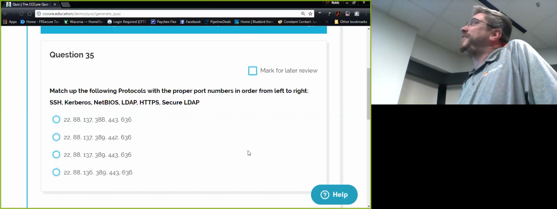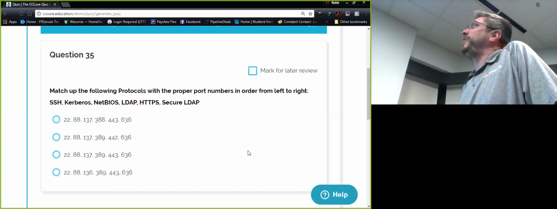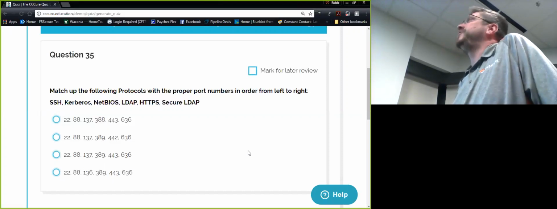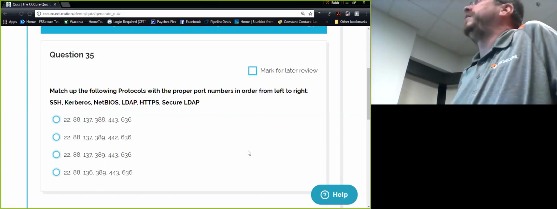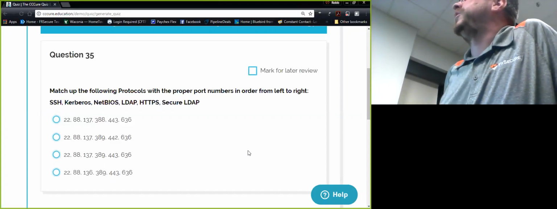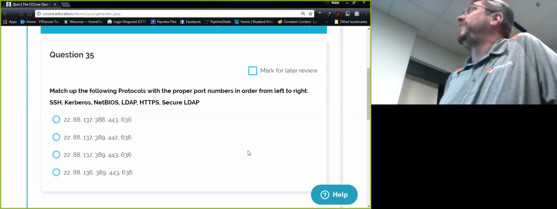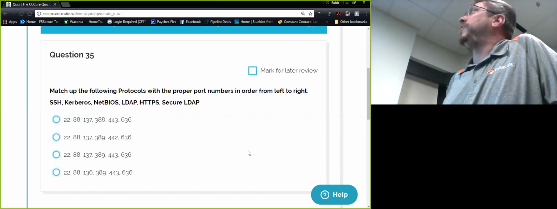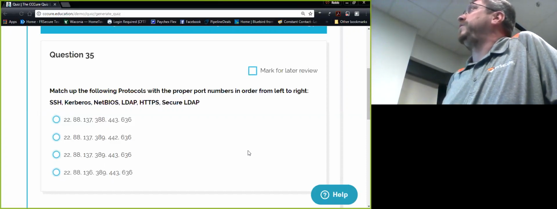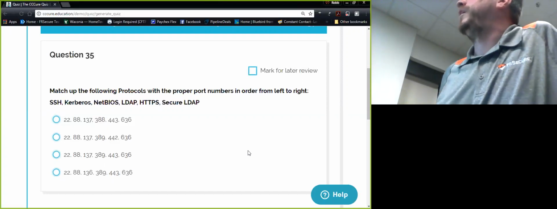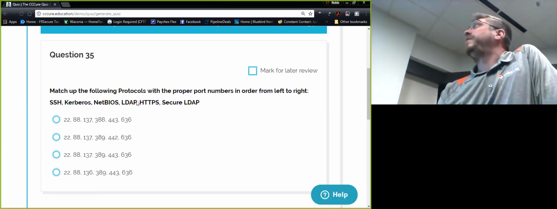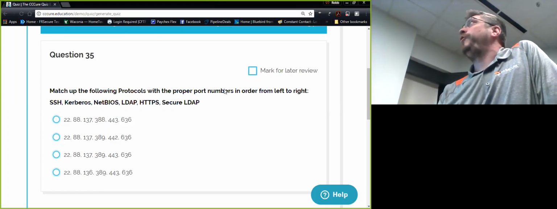All right, match the following protocols with the port number in order from left to right. Oh, yes. All right, so memorization. Kerberos, okay. So I know LDAP is 389, HTTPS is 443, and secure LDAP is 636. Yeah, C. So just know these ports, right?